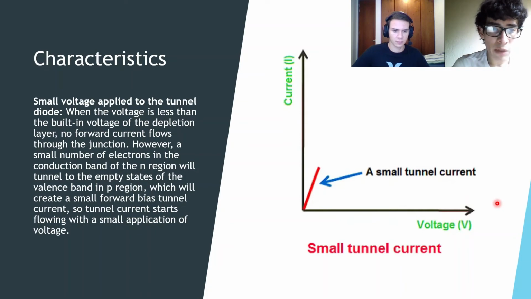However, a small number of electrons in the conduction band of the N region will tunnel to the empty states of the valence band in the P region, which will create a small forward bias tunnel current. So tunnel current starts flowing with a small application of voltage.